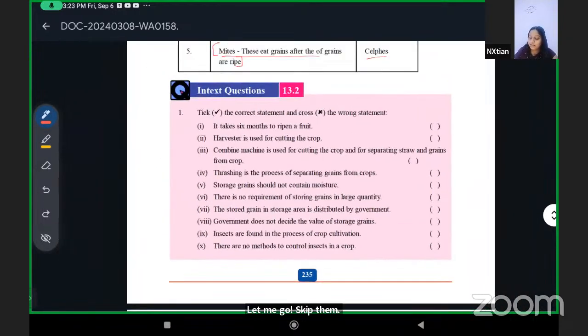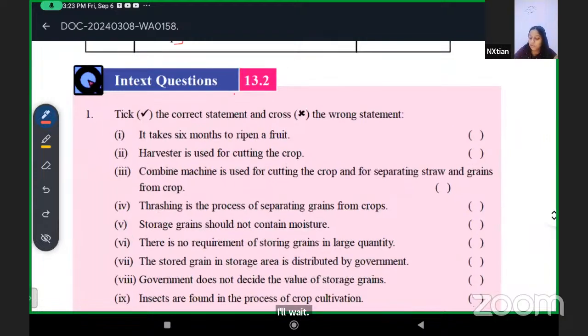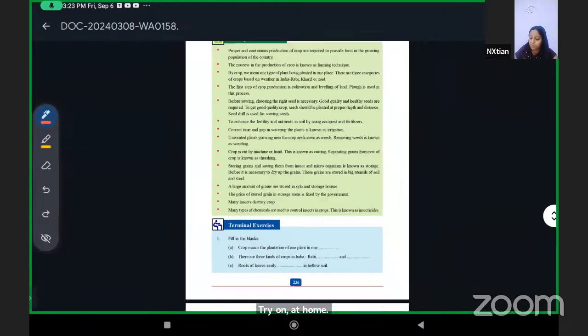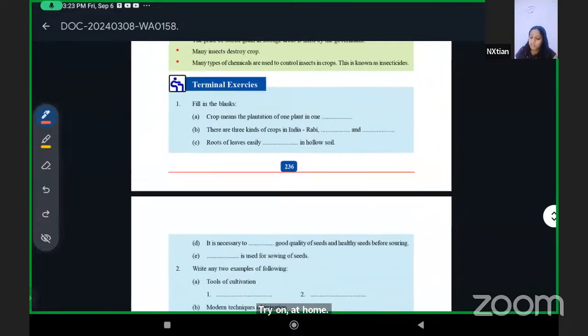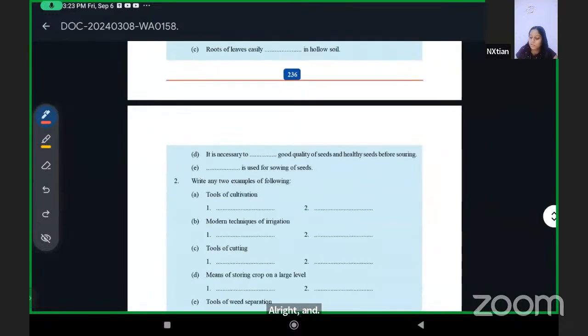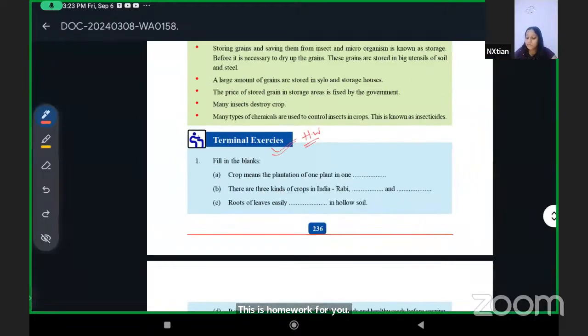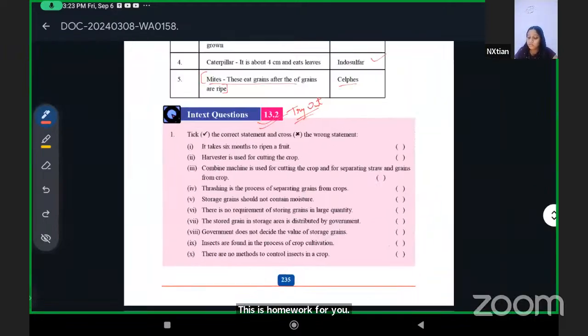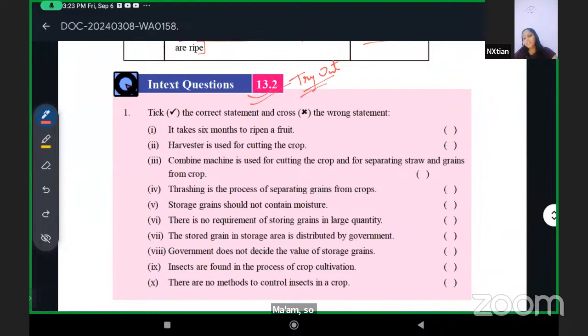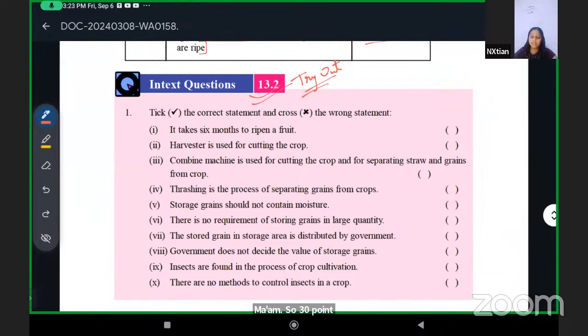Now, the index questions 3.2, you can try out at home. All right, and we are finished with this chapter. The terminal exercises are also homework for you, 13.1 and 13.2 and the back exercises.